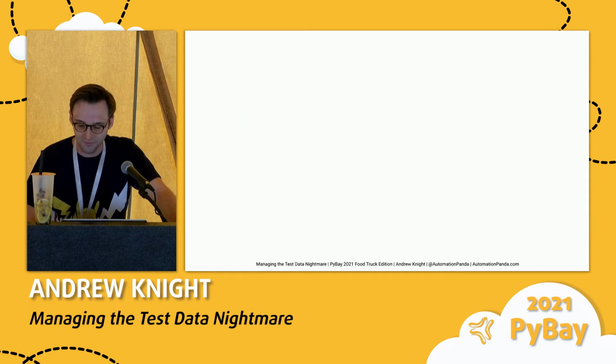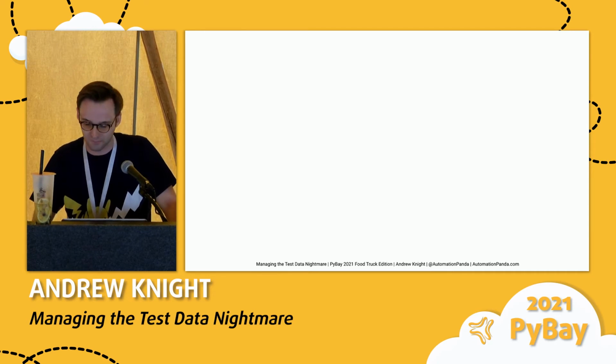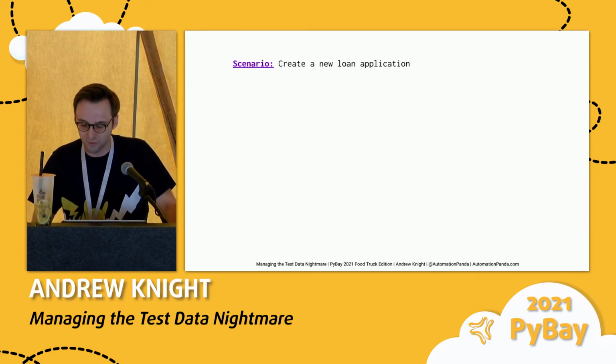So we could write a simple test case to exercise this basic application behavior. I'm going to write it in plain language in a syntax called Gherkin. Scenario: create a new loan application.